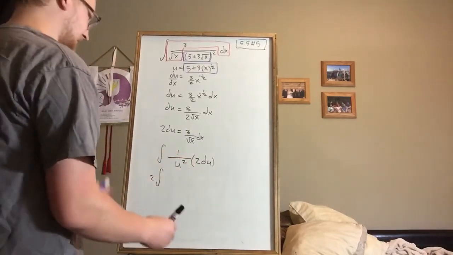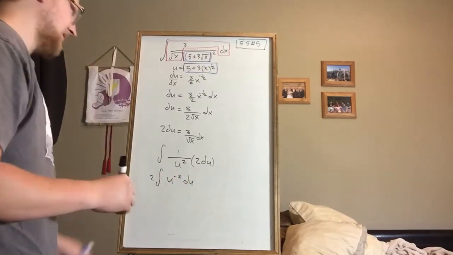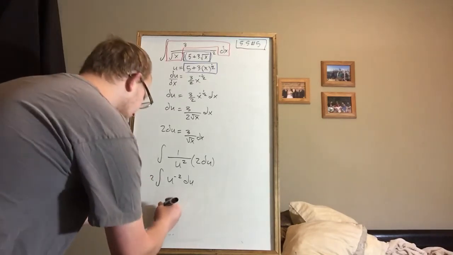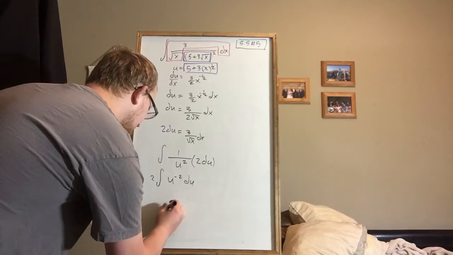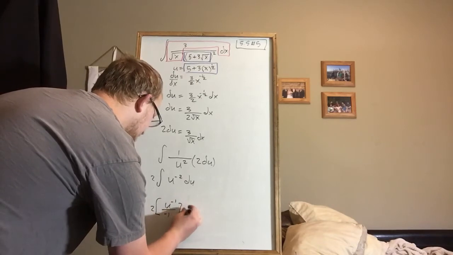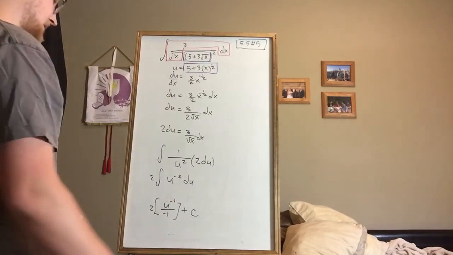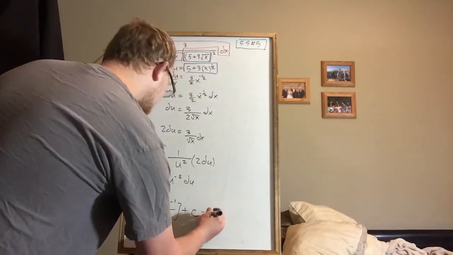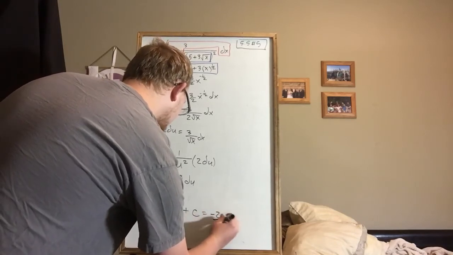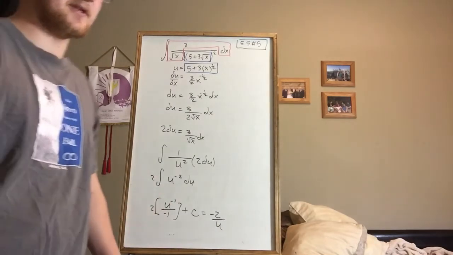I can pull the 2 out front because it's a constant, and what I end up with is u to the minus 2 du. At this point, I can just use the power rule, and I'll end up with u to the minus 1 over minus 1 times 2. And don't forget our constant of integration, the plus c. Then we can rewrite this as negative 2 over u plus c, because u to the minus 1 is the same as u in the denominator.